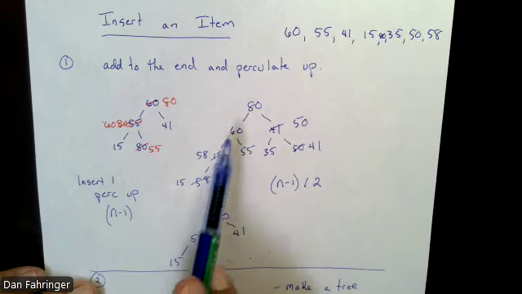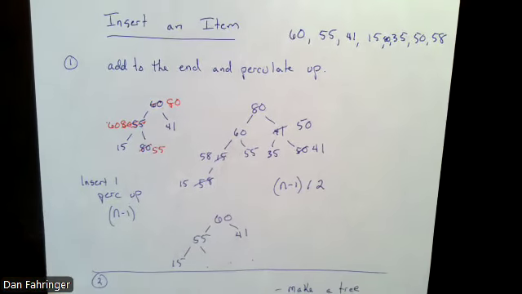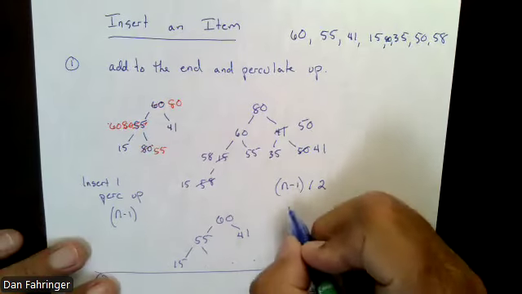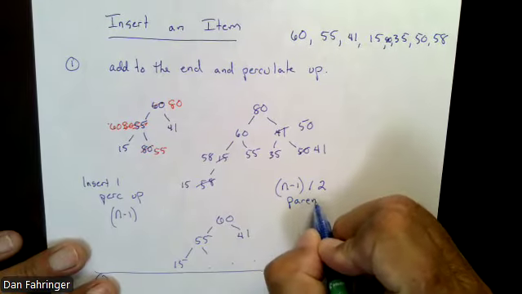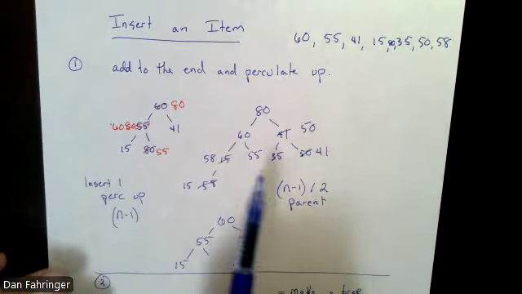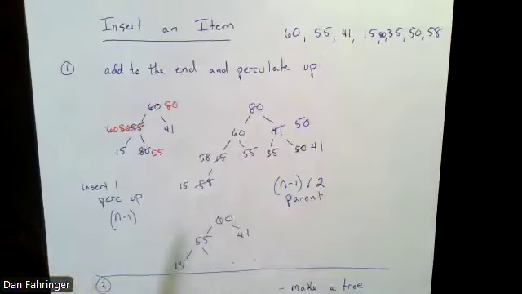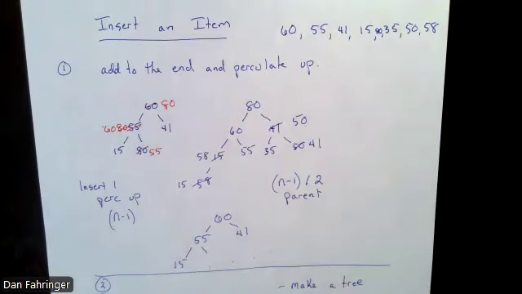I could swap once, twice, three times. But I'm just saying a complete percolate up. I have to check to see if I percolate up. But you're absolutely right. So we could be doing a lot of swapping potentially.